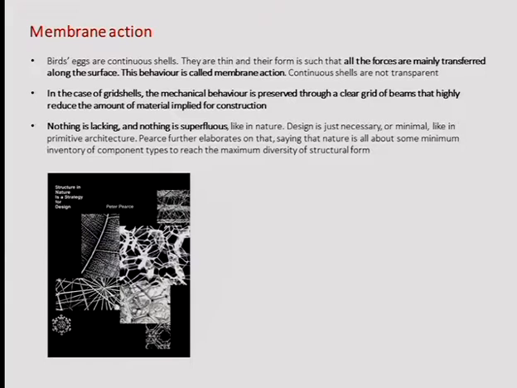Frei Otto, who is one of the most important engineers and architects of this kind, he did a lot of research about nature and architecture, so architecture inspired by nature. But not just in terms of form, but in terms of form and structure. And in this book you'll find so many images of how nature can actually take advantage of some specific structural typologies to develop form.